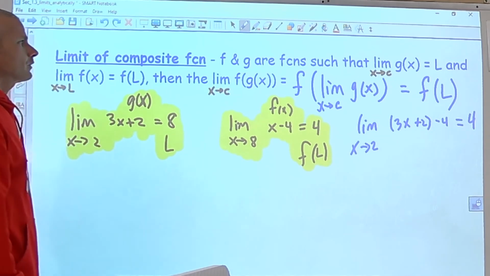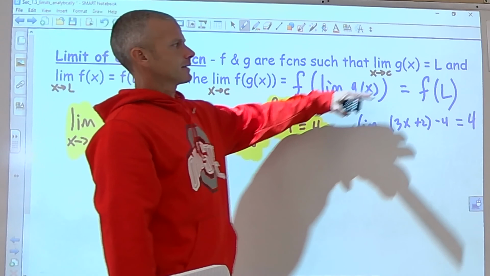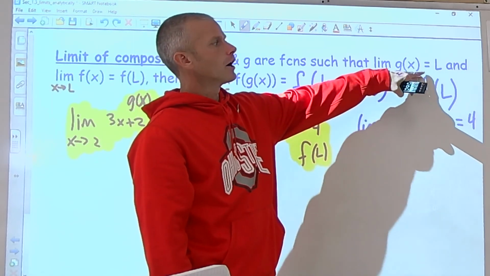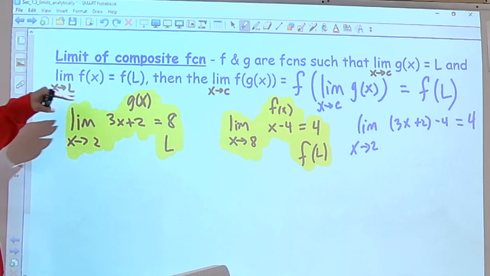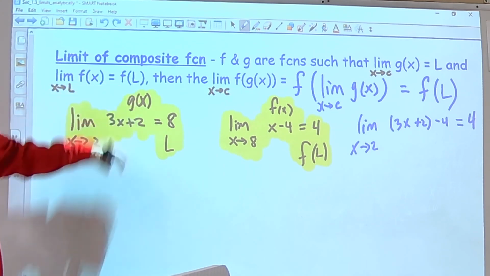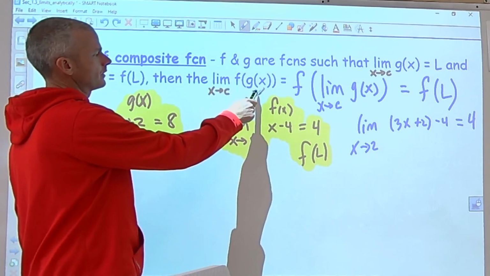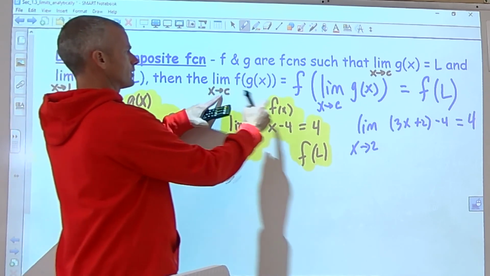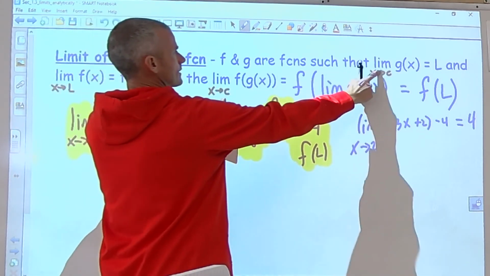Limit of composite functions. So if we have two functions, f of x and g of x, let's say that as x approaches c, the limit of g of x is L, and then as x approaches L, the limit of f of x would be f of L. So then when we take a look at the limit of the composite function as x approaches c, so notice here, the first function g of x and our composite function are approaching the exact same value.